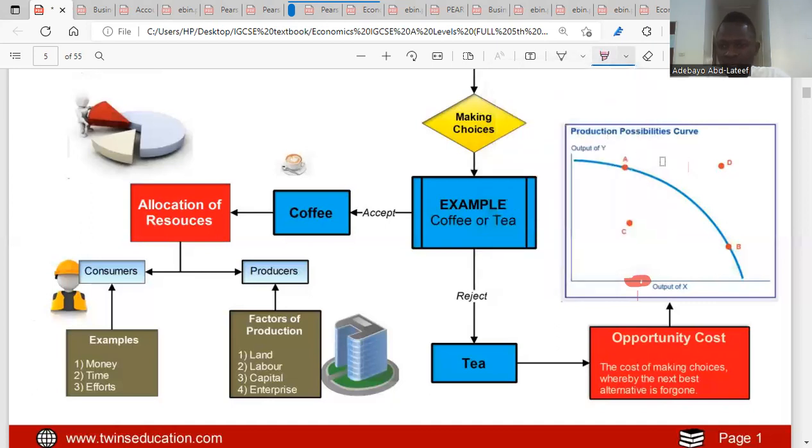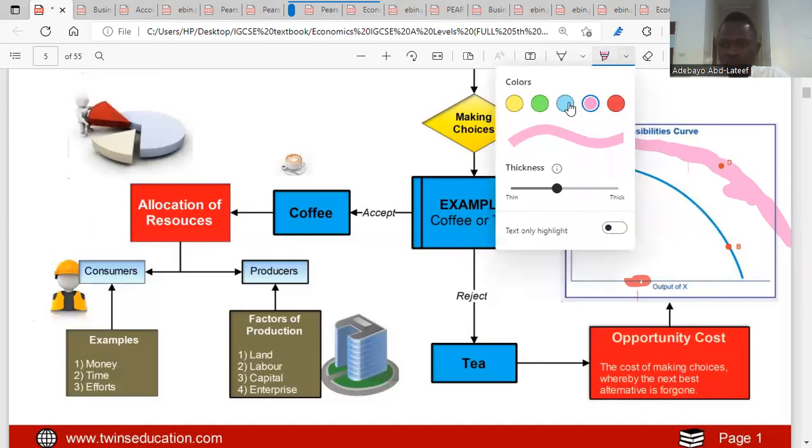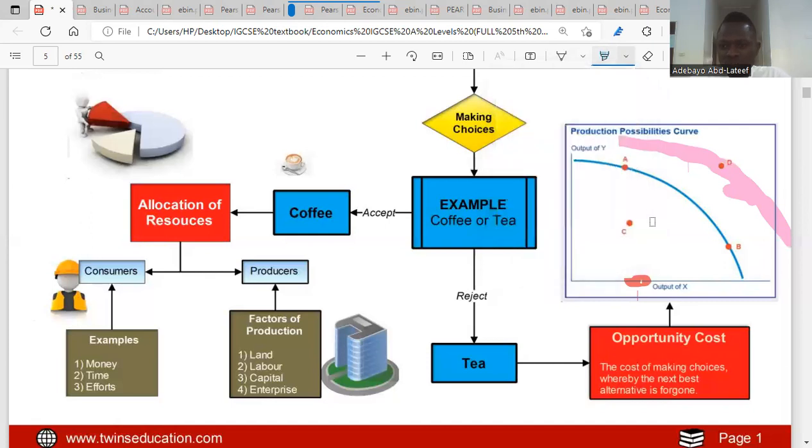At point D, it means there's an outward shift in the production possibility curve. And at point C, it means that there's an inward shift in the production possibility curve.